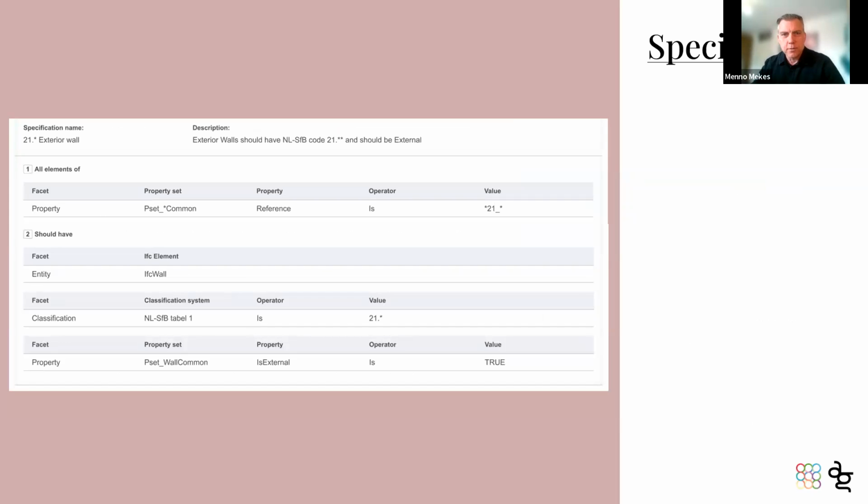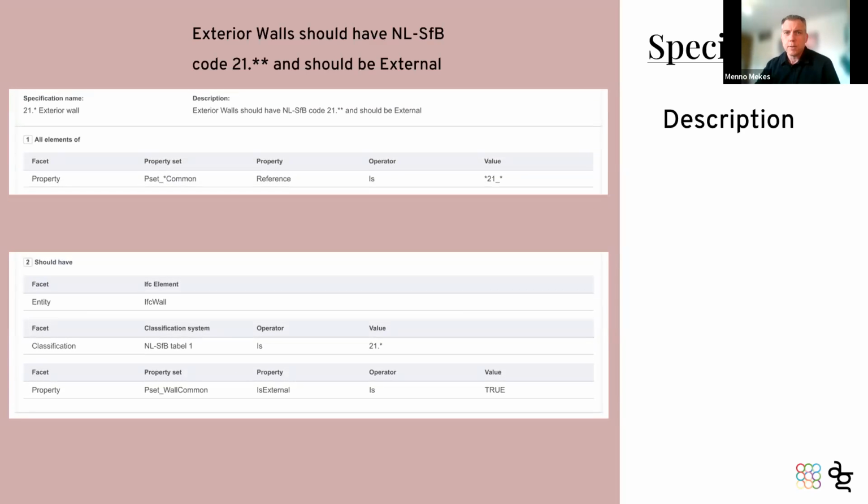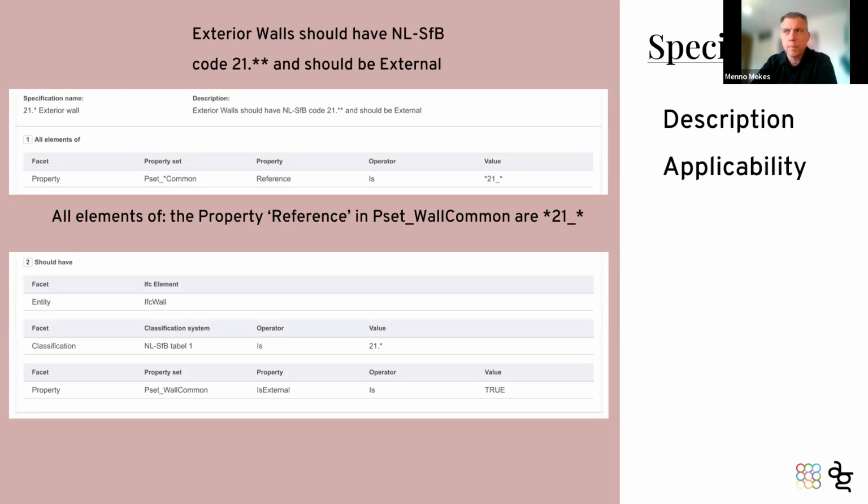So how does this specification look in BIM Club? Well, this is it. This specification consists of 3 parts: a description that says exterior walls should have NL-SfB code 21 and should be IsExternal. Then the applicability, so all elements where the property reference in Pset_WallCommon contains 21.